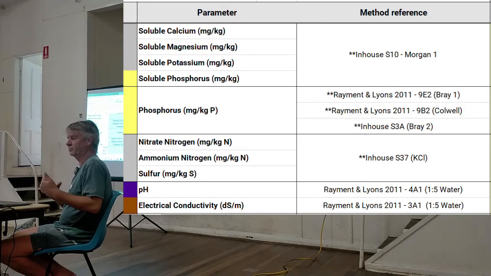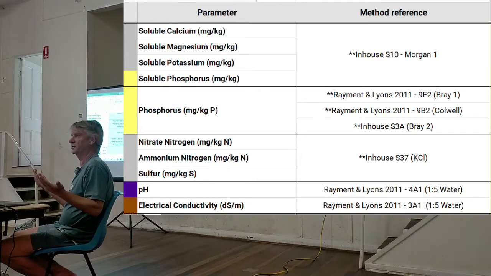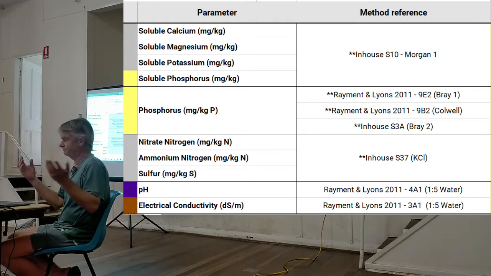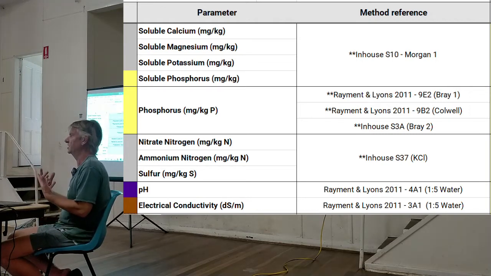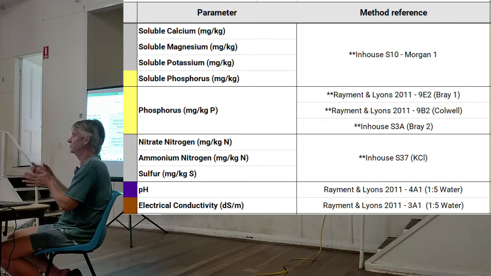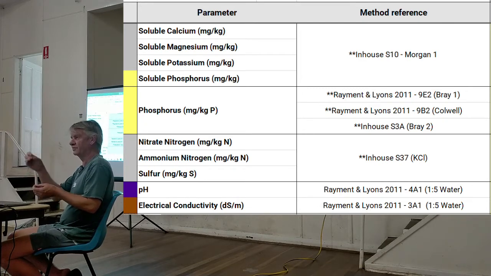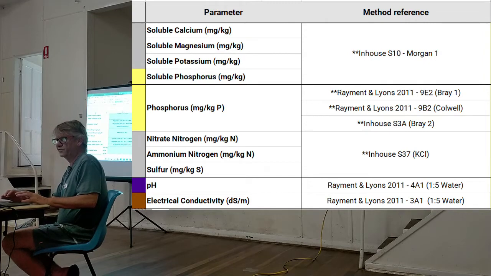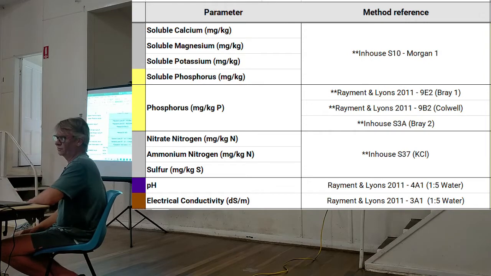The Bray 1 and Bray 2 might be applicable for different soil types, and Colwell P might be applicable for another, because they're all exchangeable, all using different solutions to extract phosphorus. And they're all meant to reflect a different process that's happening between the soil and the plant.